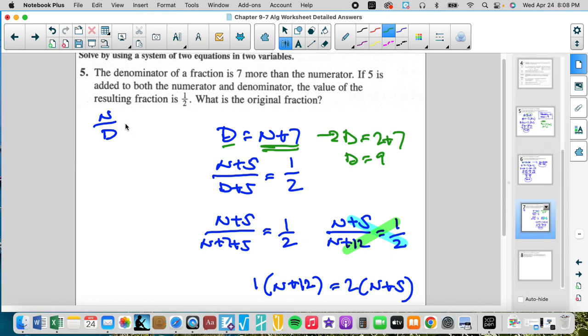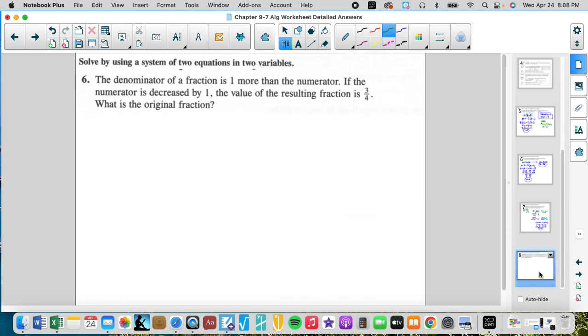So my fraction is going to equal 2/9. If we add 5, that's 7. Add 5, that's 14. That simplifies to 1/2. Nice.